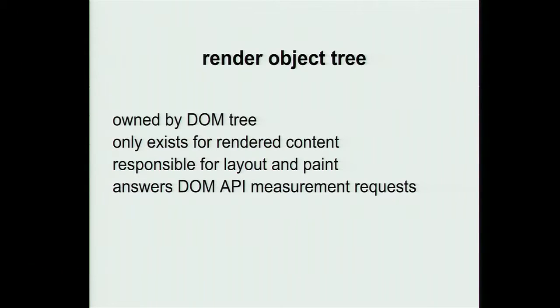So let's start with render objects. They are directly owned by the DOM tree. So from within WebKit, you can query a DOM node for its renderer and vice versa. There's not necessarily a one-to-one correlation. Again, for things like continuations, if you split an inline, you can have multiple renderers that report back to the same DOM node. They only exist for rendered content. So if you say display none, you're effectively destroying that section of the render tree. Or if it starts that way, it'll just never be created.